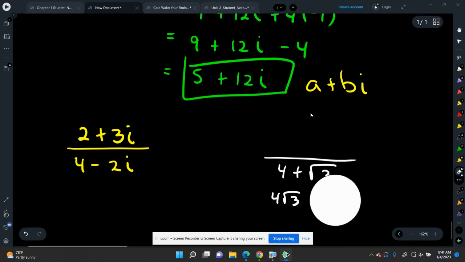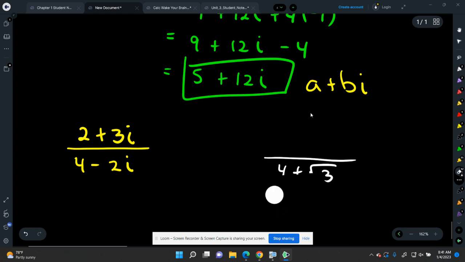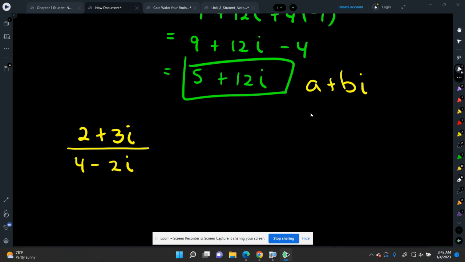We multiply by the conjugate. Remember that? The conjugate. Okay, my corny way of remembering it: conjugate it out of the denominator. Conjugate, right? It's like Arnold Schwarzenegger math. Conjugate it out. So the conjugate is just changing this sign.